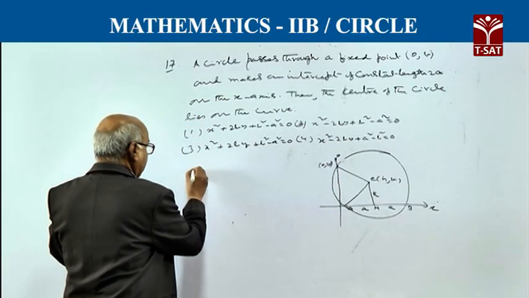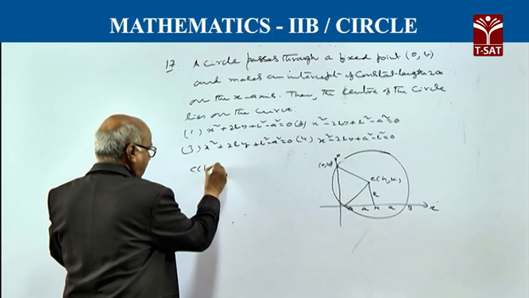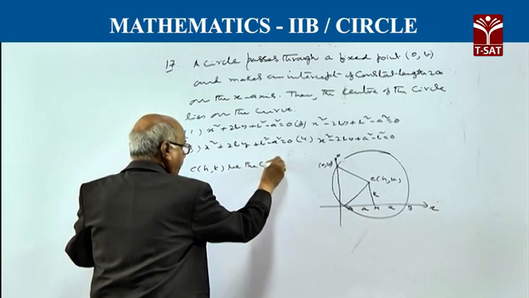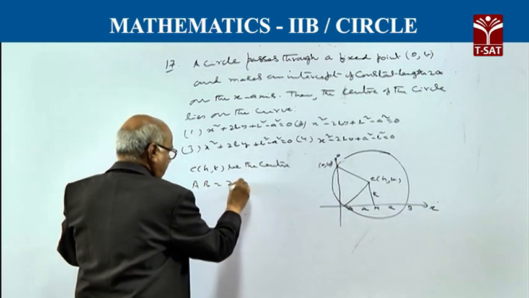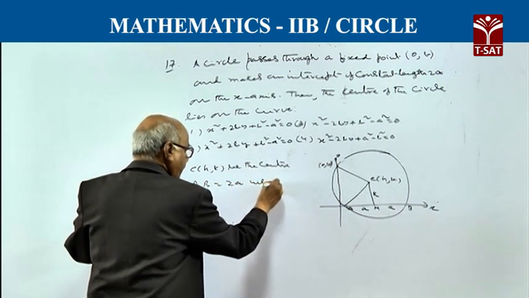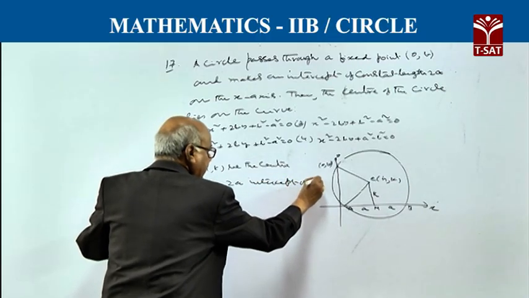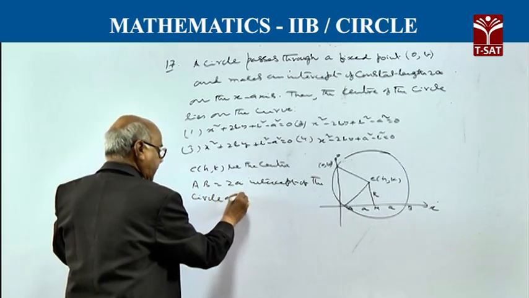Now you take, let C be the center. And AB is equal to 2a, the intercept of the circle on the x-axis.